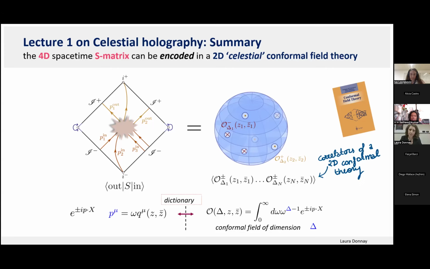And the word celestial is also there to emphasize the fact that it's still a yet to be understood and unknown theory. So we don't know yet to which extent it is a conventional CFT like the one we have in the yellow book here on the right.